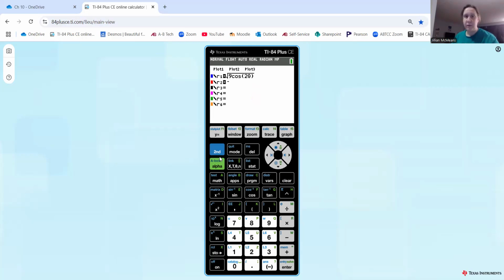So negative square root 9 cosine 2 theta. It's going to be a little wacky when it graphs it. We're going to have these little middle pieces missing. Just make sure you know to connect the whole thing. You're going to see it graph two things, because we have two pieces of the graph, R1 and R2. Let's see. It's going to take a second, but there you have it.